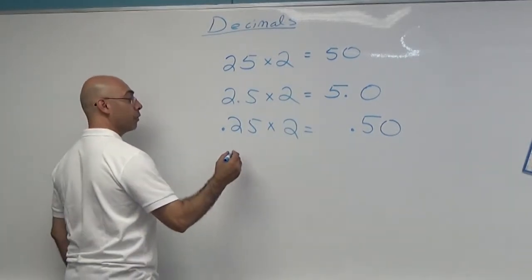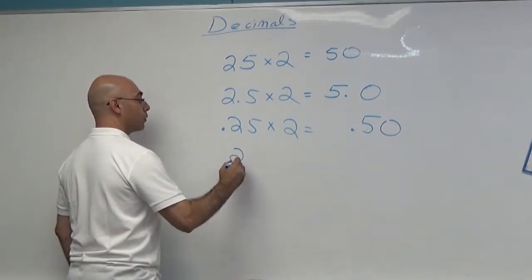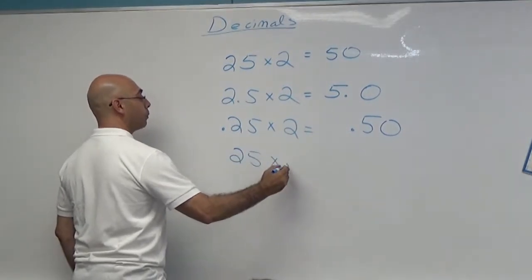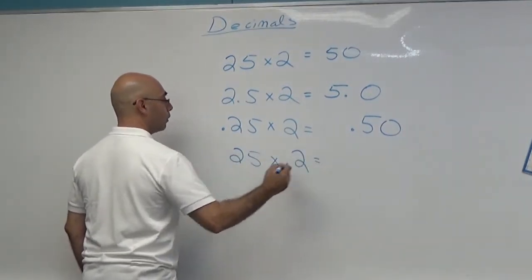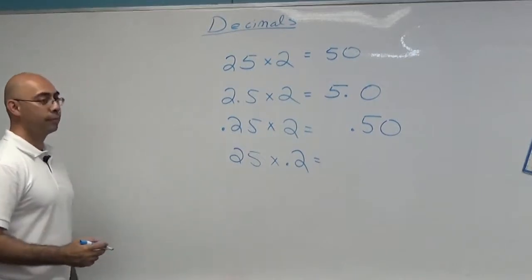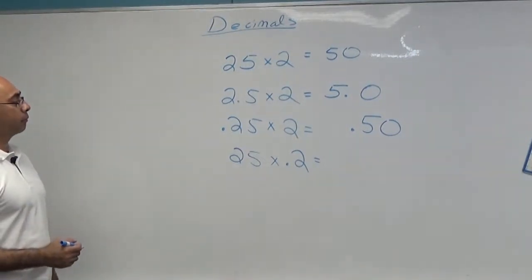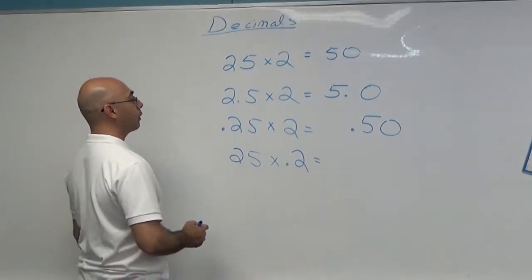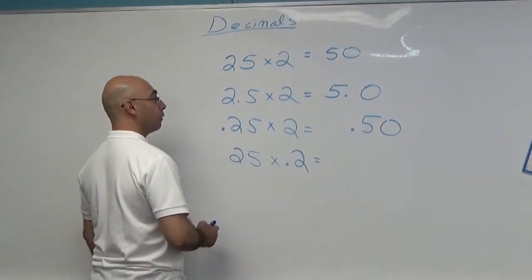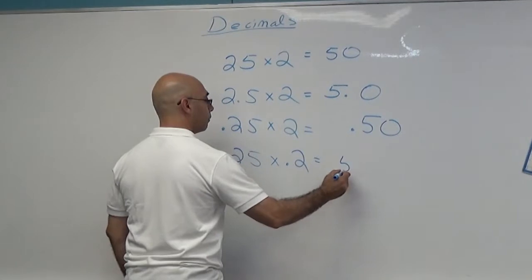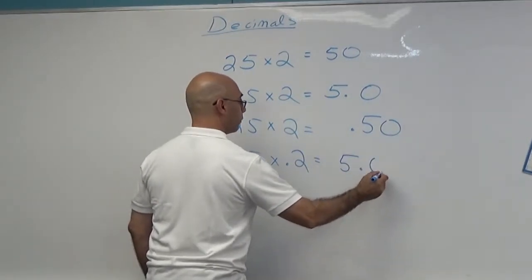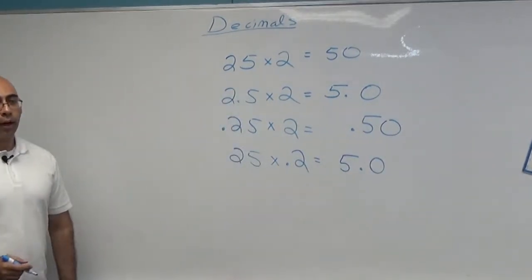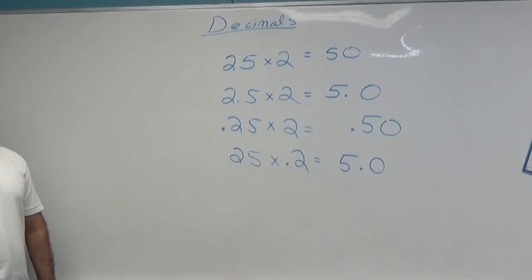Now, more difficult question. What's 25 times 0.2? I would say you don't need a calculator for this. Now, I heard someone say 4.